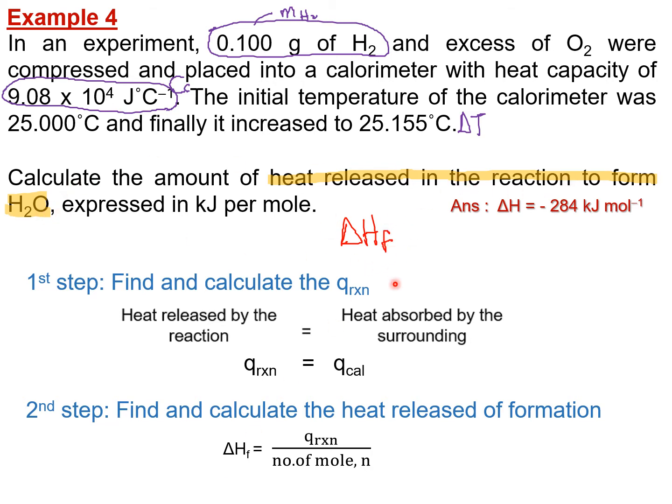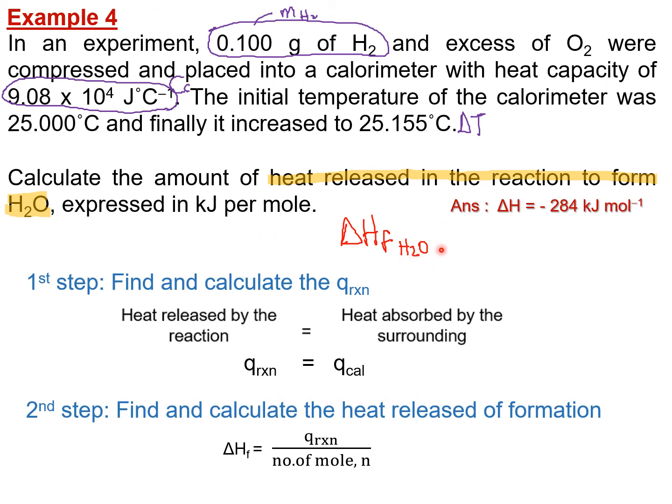So dia suruh kamu cari enthalpy of formation of H2O. So sekarang ni apa yang you tahu kalau let's say you have symbol delta HF H2O. What do you know by this? Apa maksud enthalpy of formation? Enthalpy of formation maksudnya when 1 mole of a substance is formed from its element.